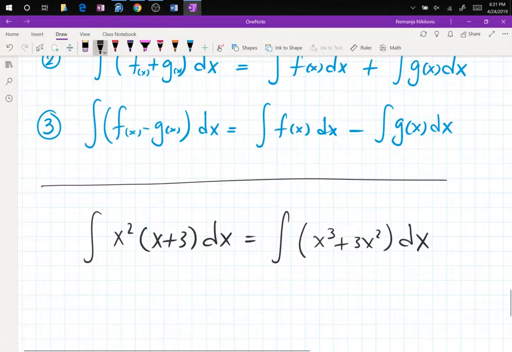So the first step was to distribute. You might have to FOIL, depending on how annoying the problem is.